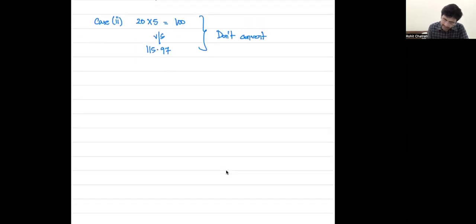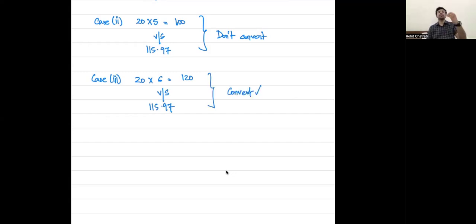In case 3, the equity share price is equal to 6. That is 120 versus 115.97. I'm going to convert, because the benefit that I'm receiving from equity shares upon conversion is greater than the benefit that I'm going to receive upon continuing to hold the bond.